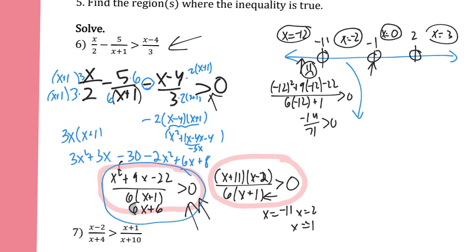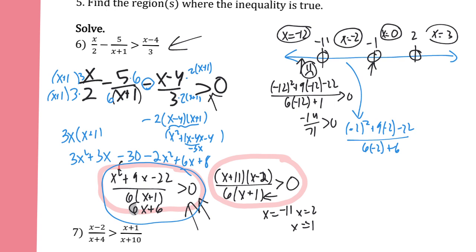So let's take negative 2 squared and then plus 9 times negative 2 and then subtract 22 and put it over 6 times negative 2 and then plus 6. We can almost do that in our calculator, but in our brains, we don't need to. You can do negative 2 squared.